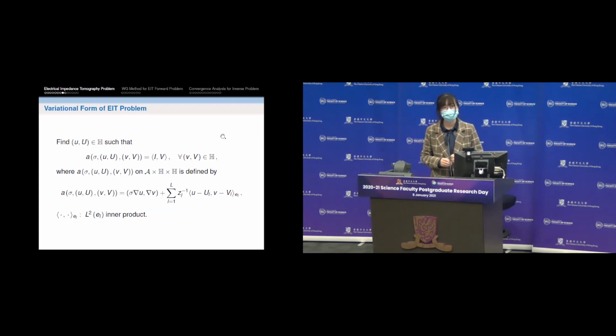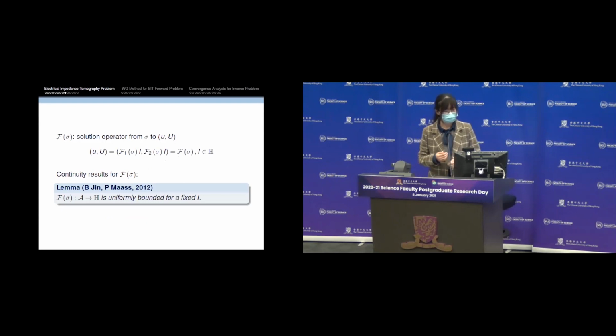To solve this forward problem, if we want to use the finite element method that some of you might have used, we need the variational formulation from the PDE. This is equivalent to the PDE and it's derived just using the integration by parts and plugging in the boundary condition that we have.